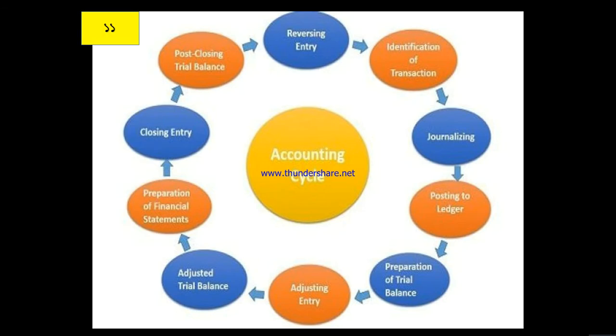In any way, we may also explain it in 11 steps: identification of the transactions, journalizing, posting to the ledger, preparing a trial balance, adjusting entry, adjusted trial balance, preparing of financial statements, closing entries, and post-closing trial balance, and one extra, reversing entry.